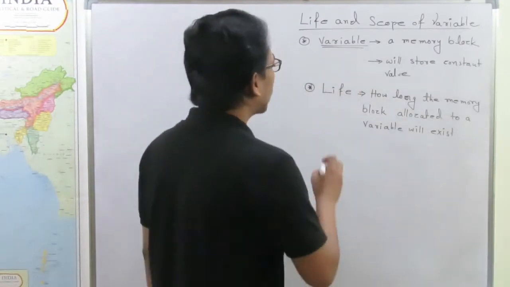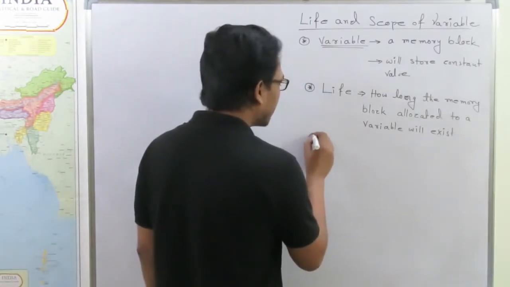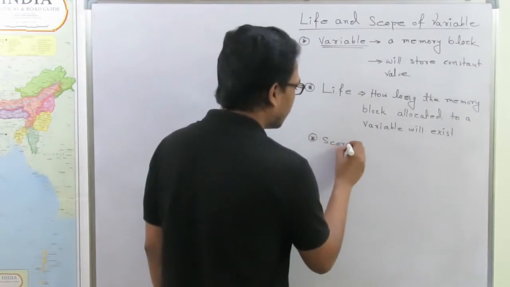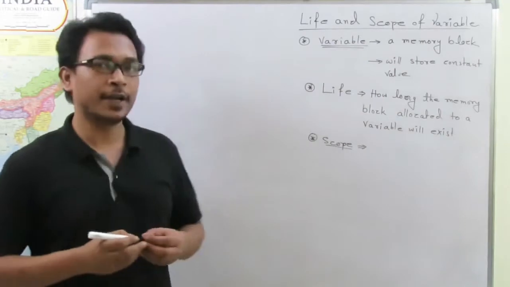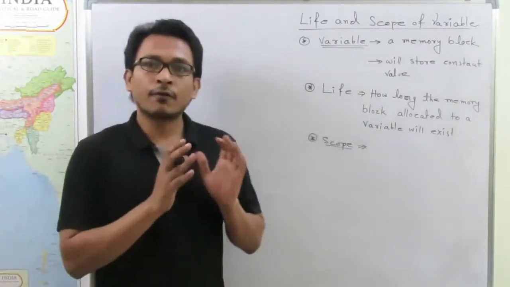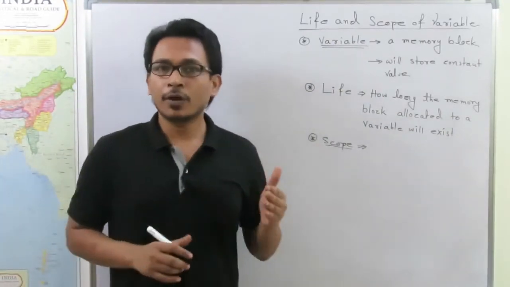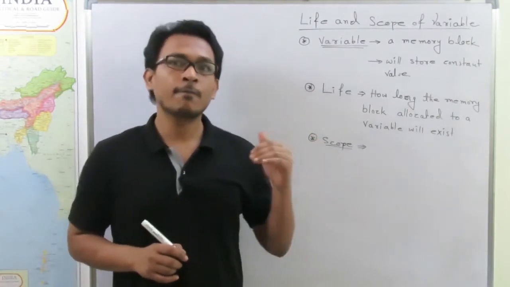Now what is scope of a variable? Next thing is scope. What does it mean by scope of a variable? Scope means from which part of the program we can access the variable.